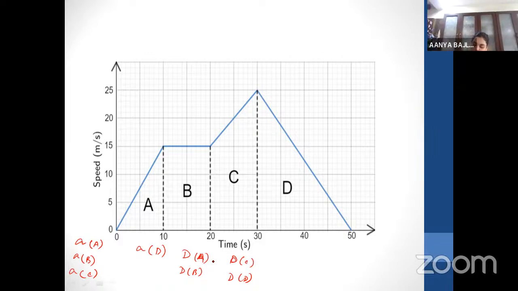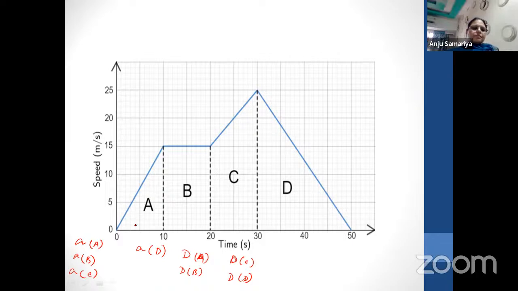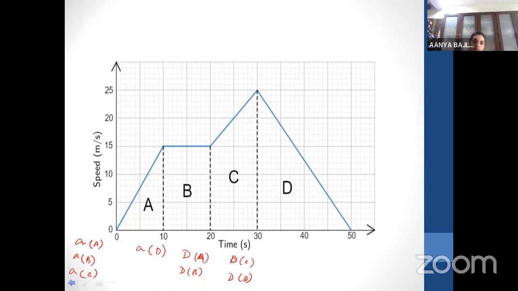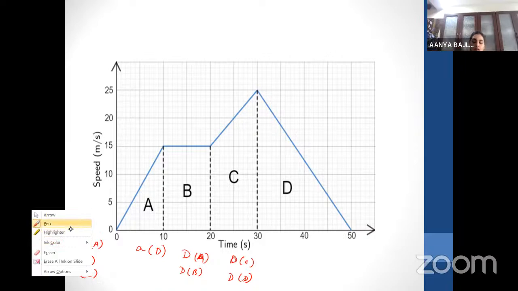Acceleration A will be 3/2 m/s². Correct. For acceleration B, 0. For acceleration C, 0. And for acceleration D, -5/4.